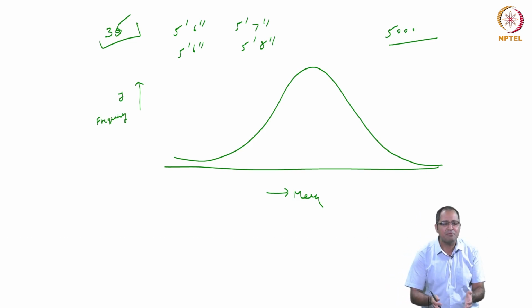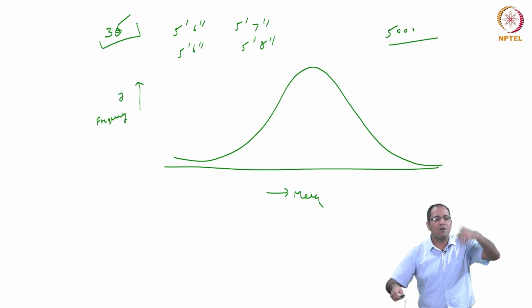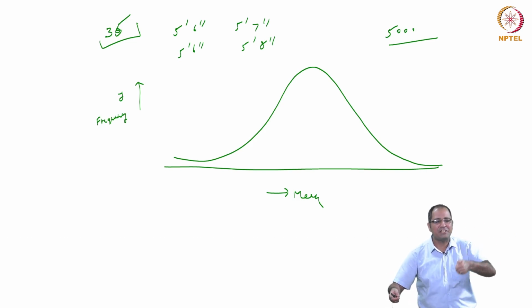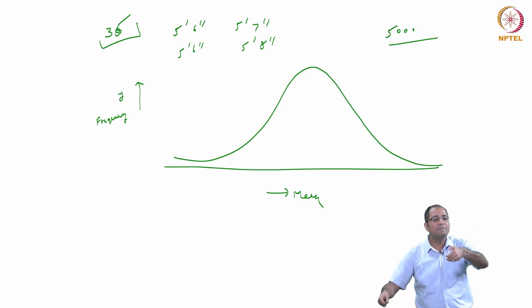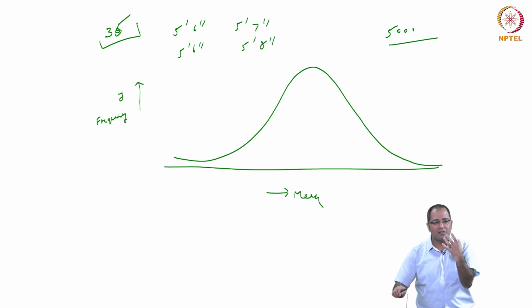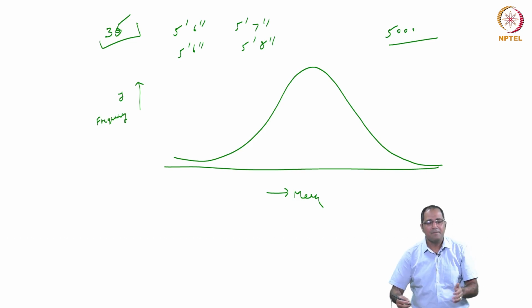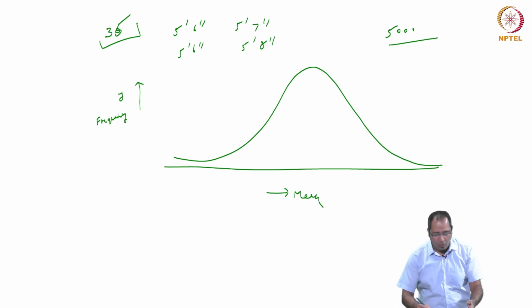Now what is the sampling distribution? I drew an infinite number of samples from the 5,000 population of BTech students, 35 at a time. Each time I draw 35 BTech students, I take down their mean and I plot that mean on this plot.